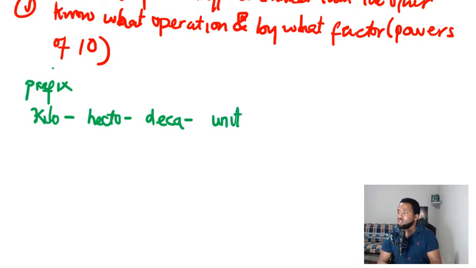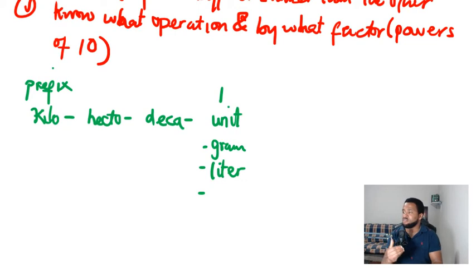We know that our unit is always labeled as 1, and the unit is either in grams, which is a measure of mass, liters, which is a measure of volume, or meters, which is a measure of distance.